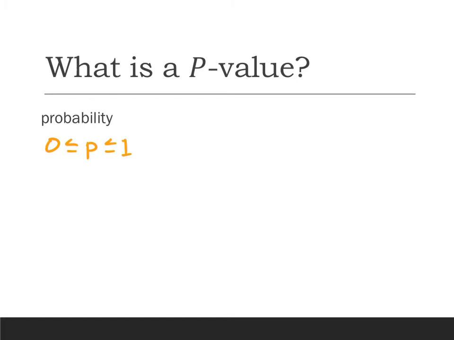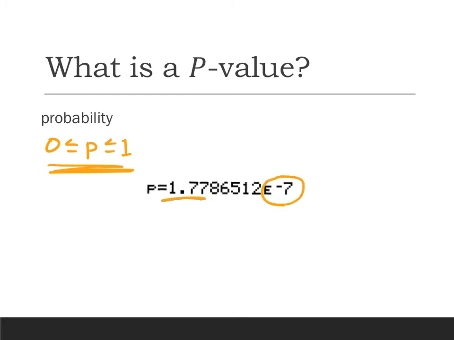Now, here's the tricky part. Sometimes our p-value will be so small that our calculator will want to give us a number in scientific notation. We have to be really careful with that and remember that that might happen. If our probability has to be between 0 and 1, then when our calculator gives us something that looks like 1.778, I think, oh, wow, that's more than 1.